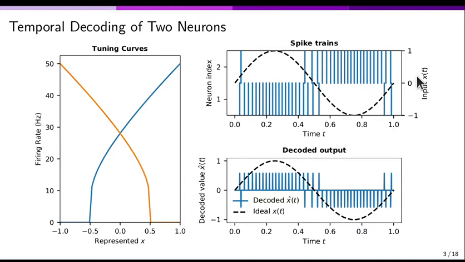This is the actual spiking version of the neuron with a varying input. So neuron 1 is this one here, the blue neuron over here. And this neuron 2 fires more when I've got a negative value, so that's my orange neuron. This is the sort of data that we actually get out of our neuron model.